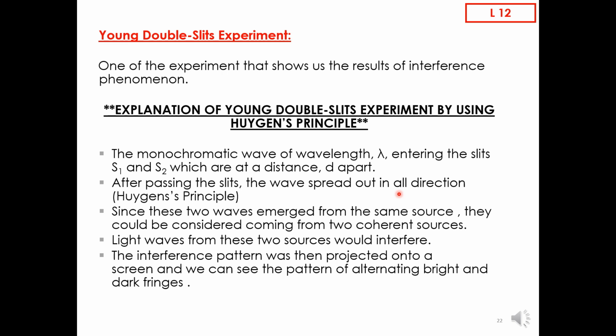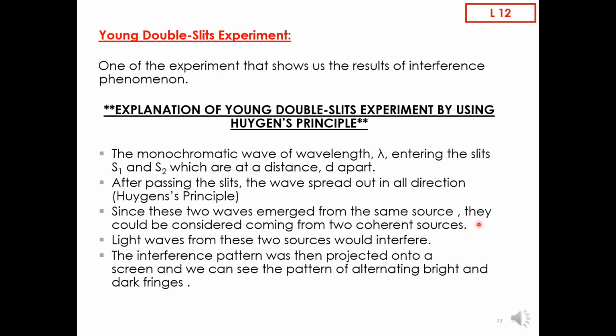The monochromatic wave of wavelength lambda is entering the slits S1 and S2, which are at a distance d apart, the distance between slit 1 and slit 2. After passing the slit, the wave spreads out in all directions using Huygens' Principle. Since these two waves emerge from the same source, they could be considered coming from two coherent sources.